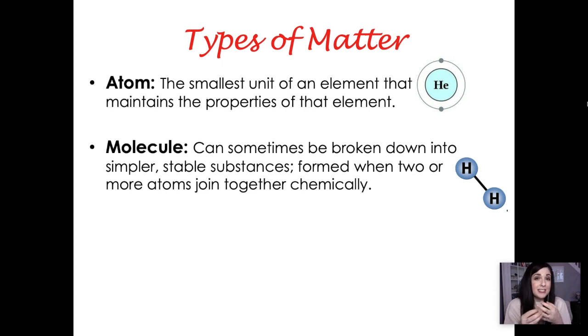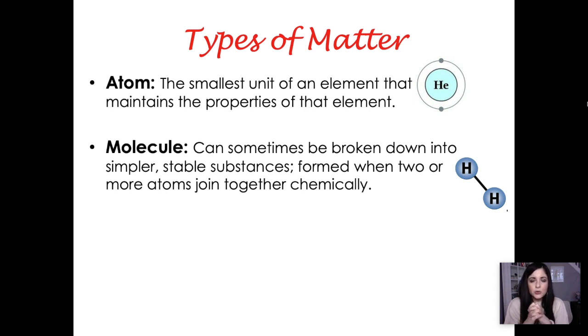Of course, we can take these atoms and combine them together. So when you take atoms and combine them via chemical bonds, you produce molecules. And molecules can sometimes be broken down. We're going to get into the nitty-gritty of molecules versus compounds here in a second.